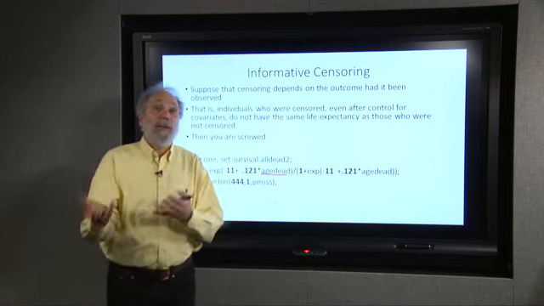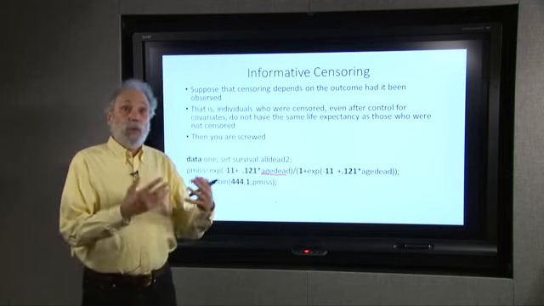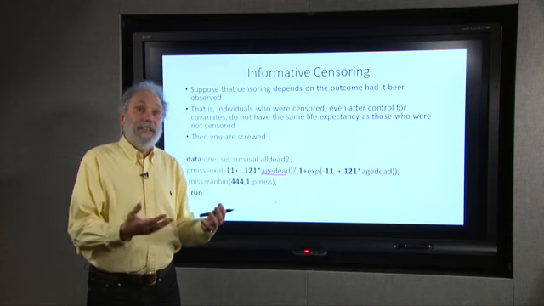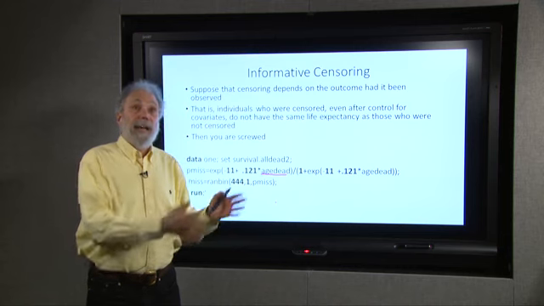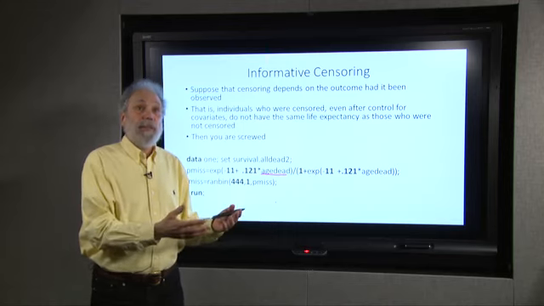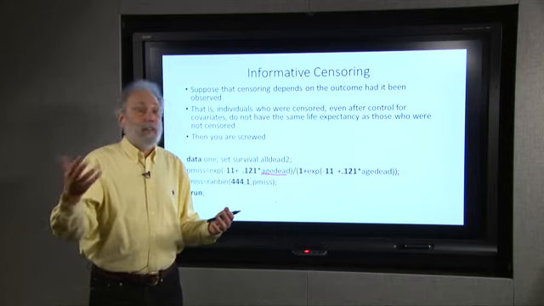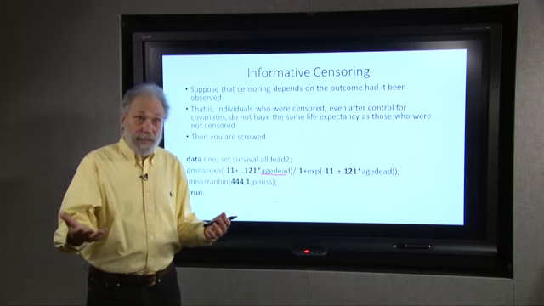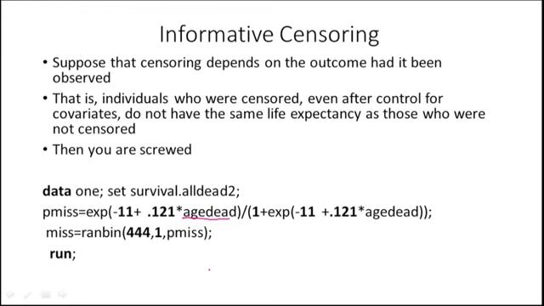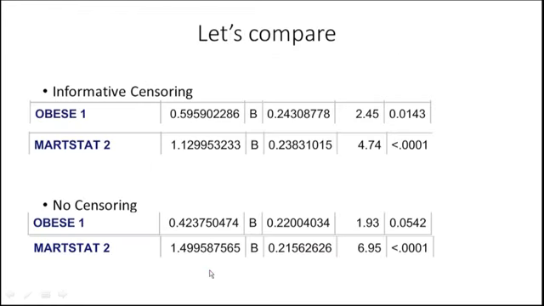Some of the probability of being missing will be related to the unexplained variation in the age at death after controlling for the covariates I have, presumably because it depends on other variables that I don't have. So the probability of being missing depends on the outcome, on age at death. And now, look at that.